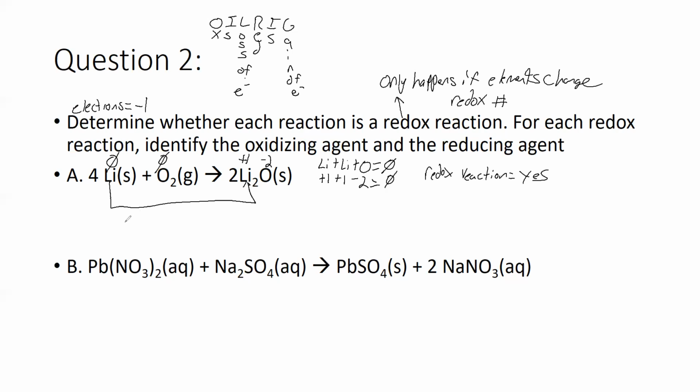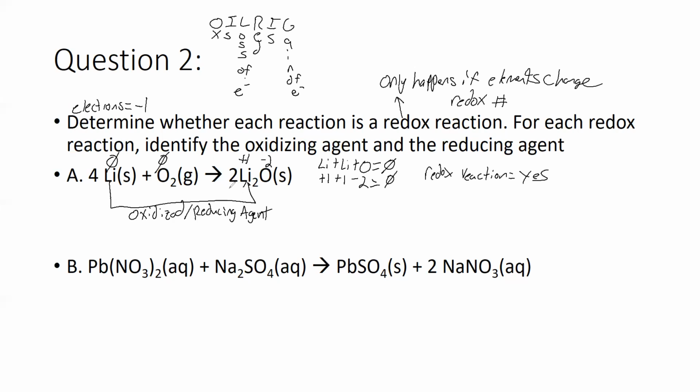So if I lost an electron, that means I was oxidized, which means I am the reducing agent. So remember, once you figure out if you're oxidized or reduced, when it comes to the word agent, it's kind of like the opposite.